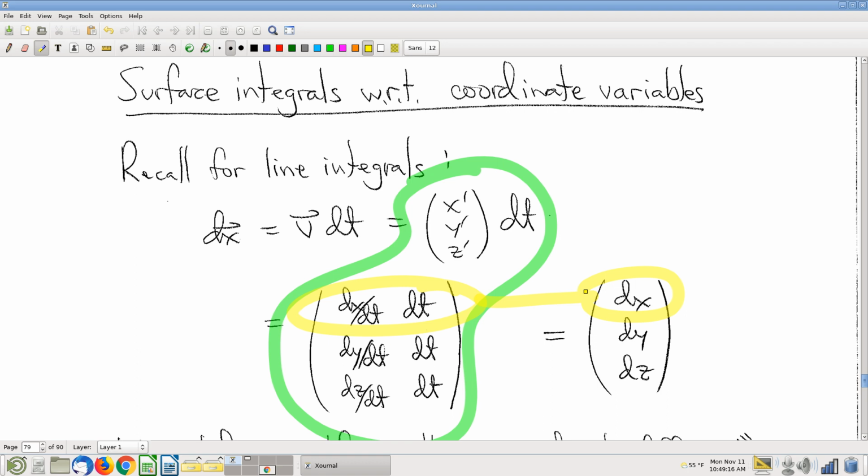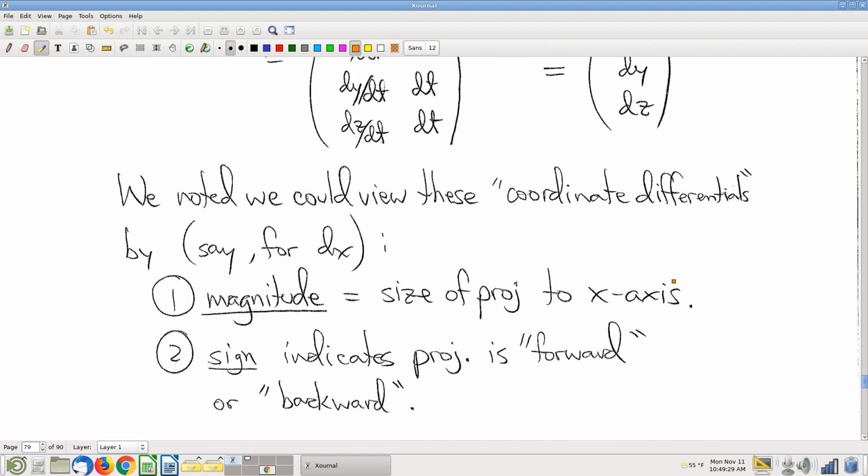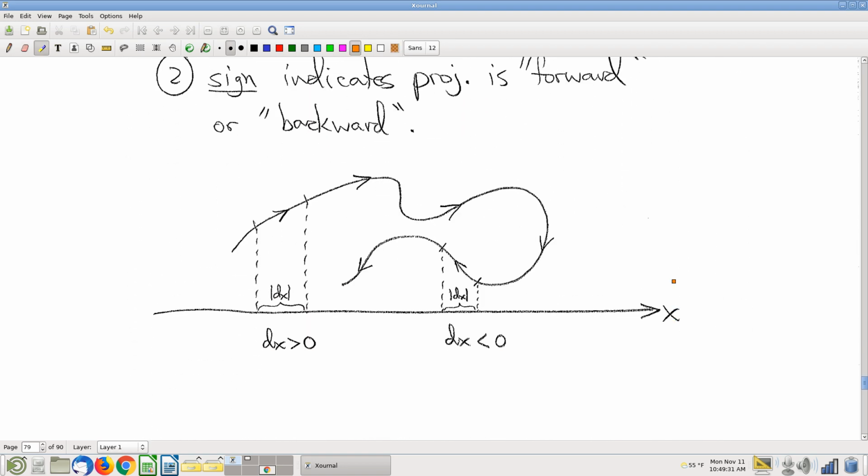And it seems reasonable. I mean, notice that there's this sort of cancellation-ish. It's not really, but you know what I mean. There's this faux cancellation there. And also, if you look at what that coordinate is representing, your vector differential really does have coordinates. And we call that dx because it is the x-coordinate of our position differential vector.